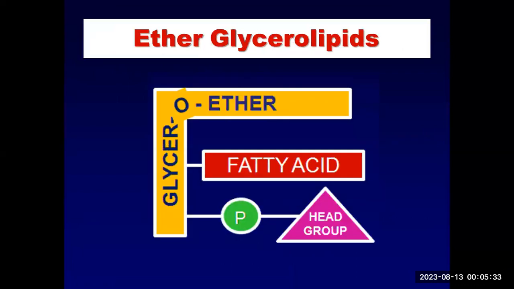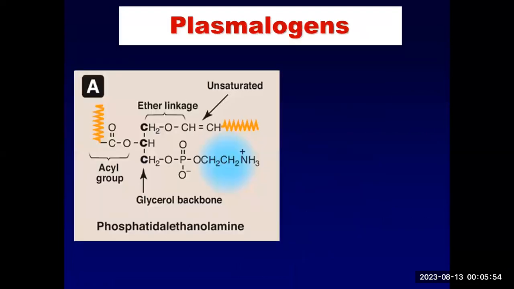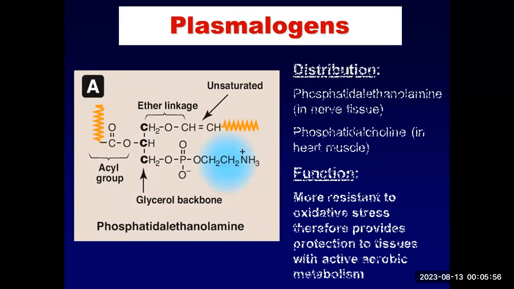Ether glycerolipids. As I pointed out, ether glycerolipid contains at carbon number 1, instead of having the fatty acid in an ester bond, the unsaturated fatty aldehyde in the ether bond. The rest of the structure is the same as of the glycerophospholipids. The common example is plasmalogen.